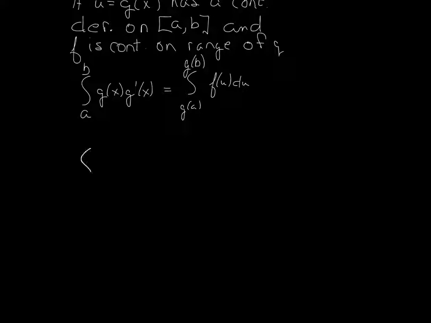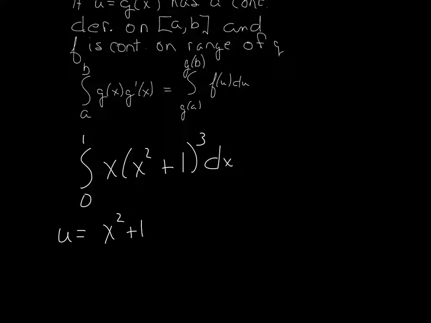So if we have the integral from 0 to 1 of x times (x squared plus 1) cubed dx, we're going to let u equal x squared plus 1. What's du? 2x dx, which I don't have the 2, so we're going to have 1/2 du equals x dx.